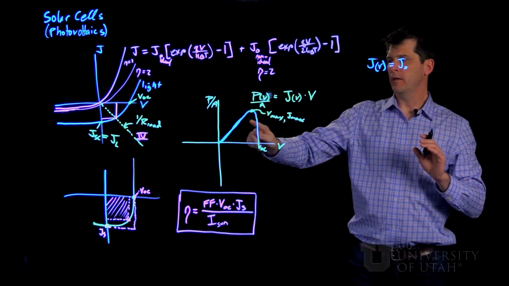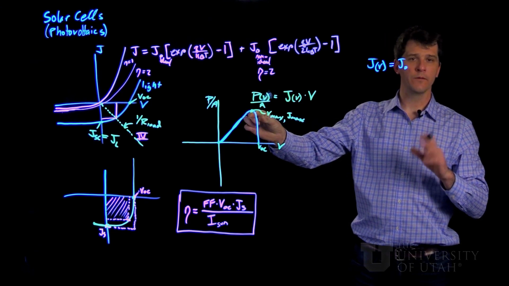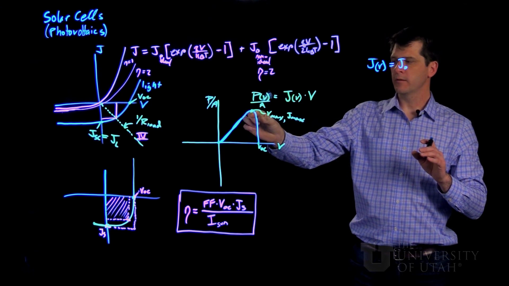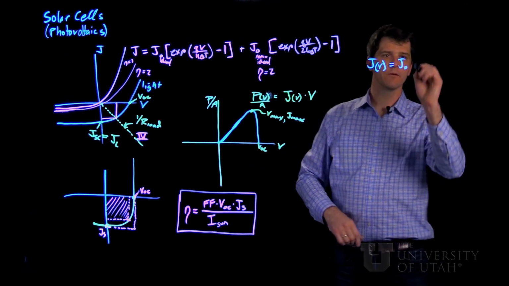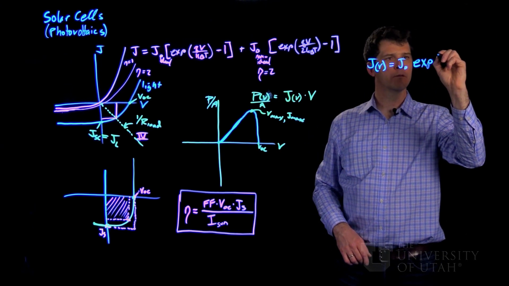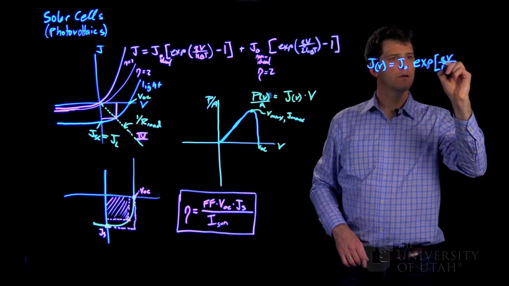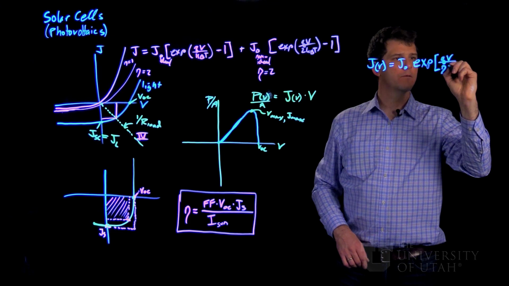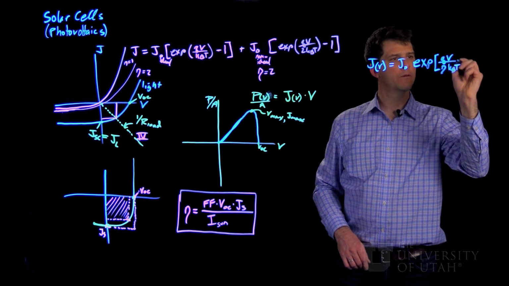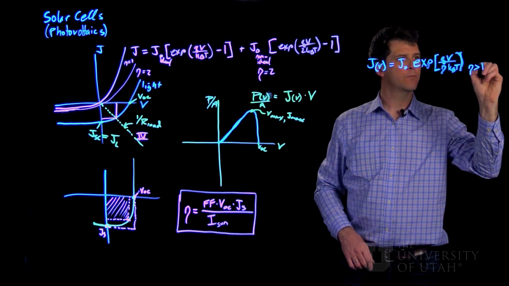That's a good approximation if you look here, because the maximum power point is indeed very close to VOC instead of being close to the origin. So we can approximate the JV curve to very good accuracy as exponential to the QV over eta kBT, where this eta we're going to let be any number greater than 1.